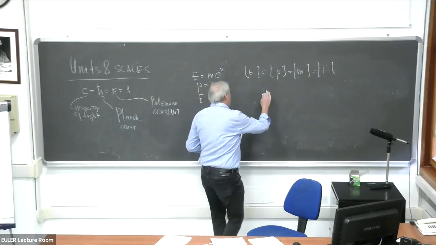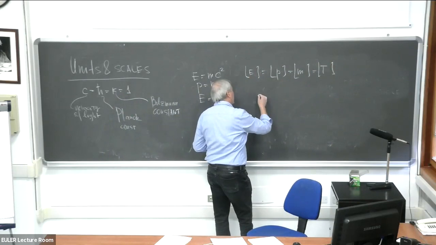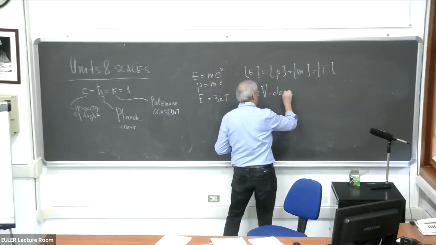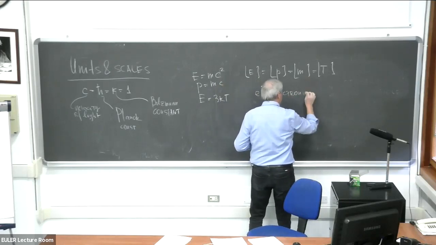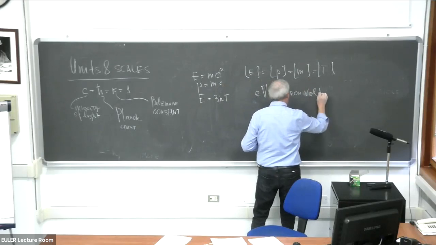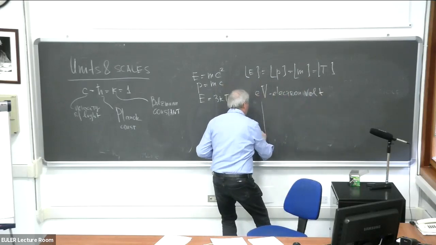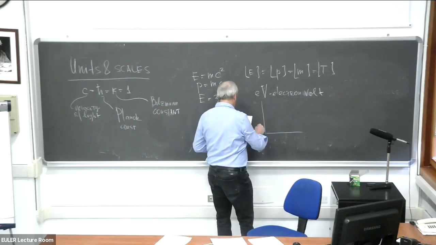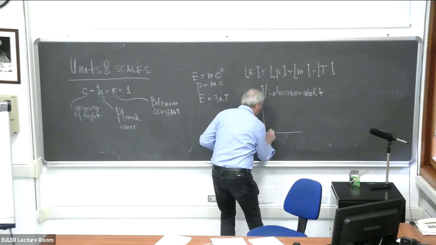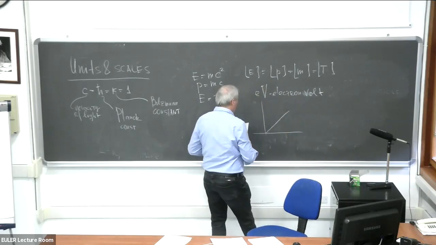So the main unit in our particle physics is the electron volt. This is the energy which is acquired when a particle with a unit charge passes through a difference of potentials, which is 1 volt.